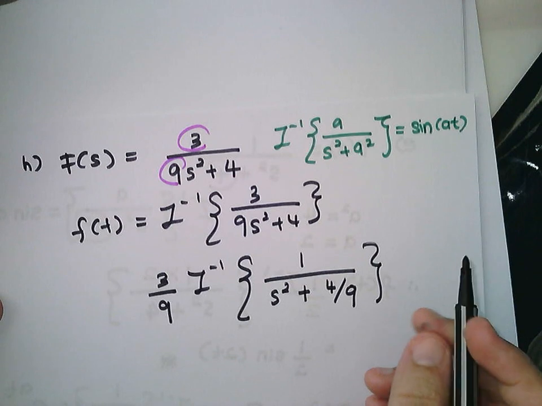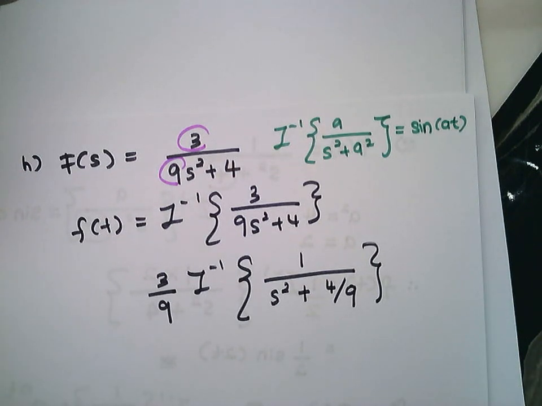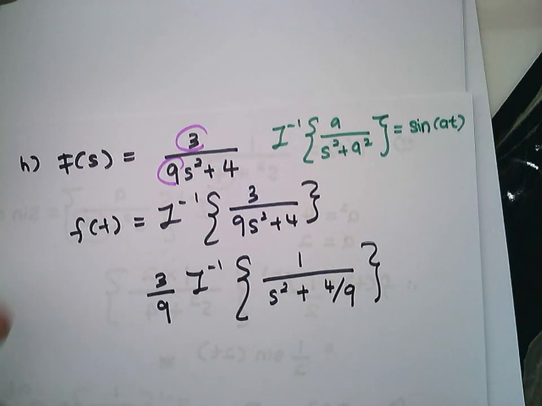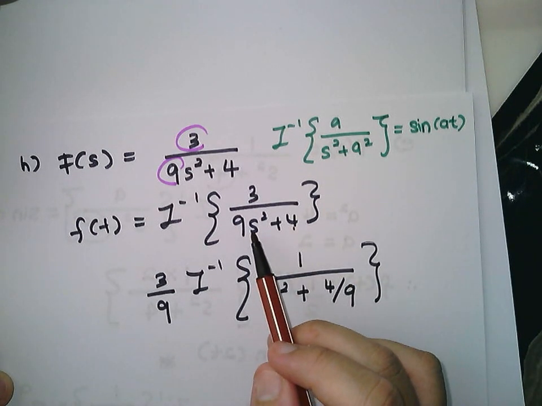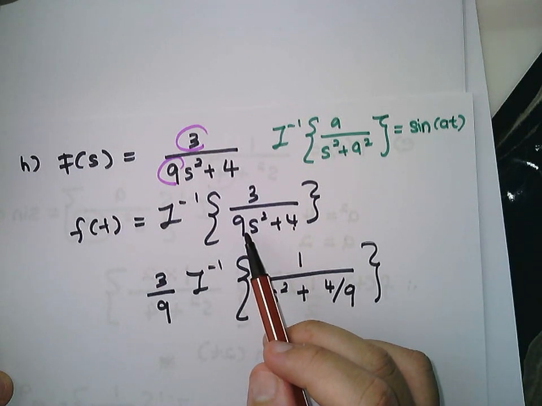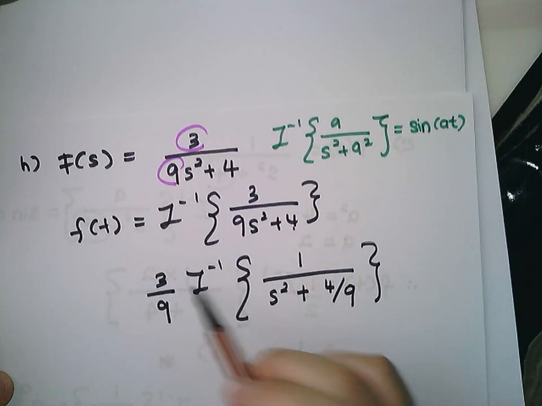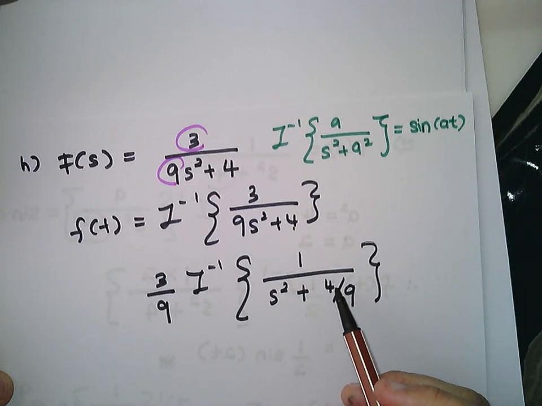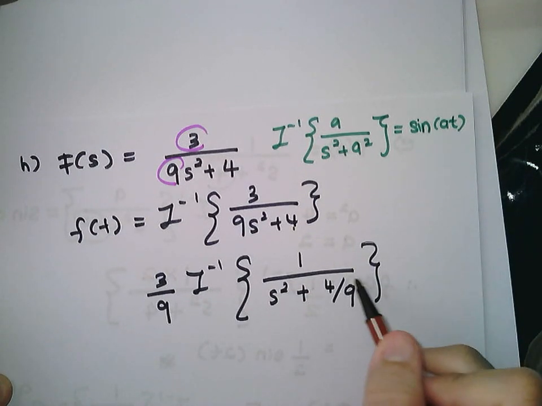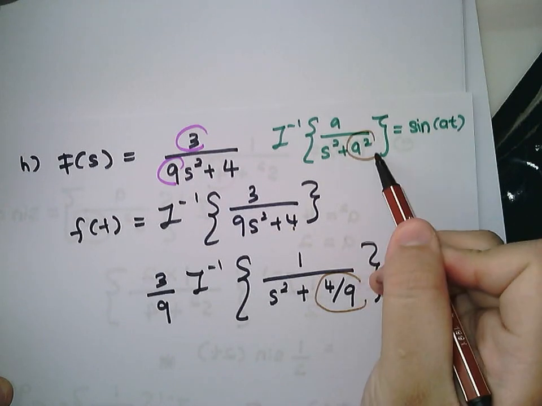So now to get the value of a, you cannot simply find your a from here because the coefficient of s squared is not 1. So you need to factorize first, do some modification for this part, then only you can find the value of a.